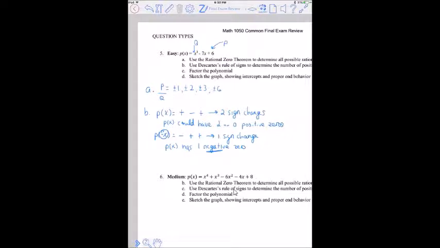That's why I said it's negative zeros. So that's Descartes' rule of signs. Again, not super necessary. What it tells you is what your zeros could look like. Here it says we could have 2 or 0 positive zeros, and we have 1 negative zero. But we would have found that anyway just by finishing the problem and finding the zeros.